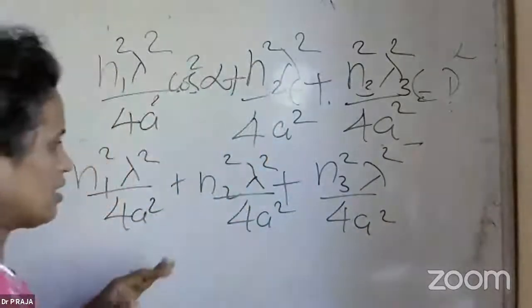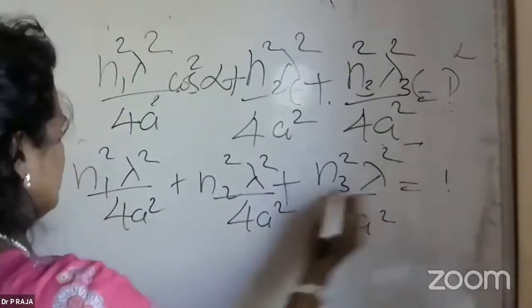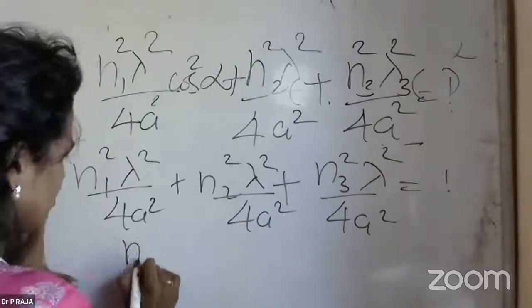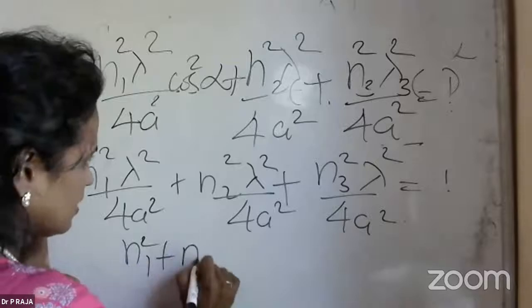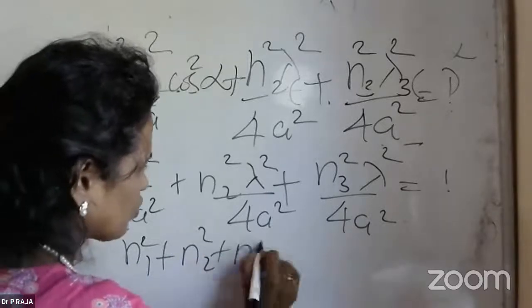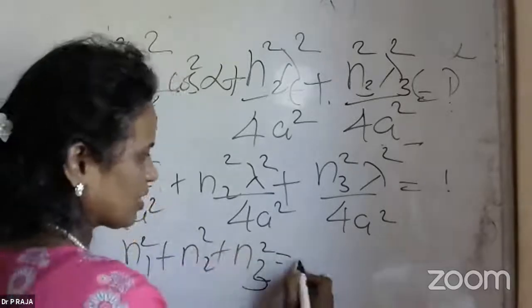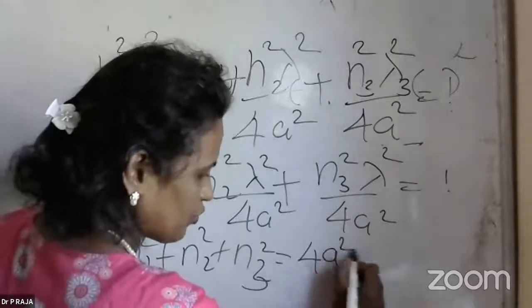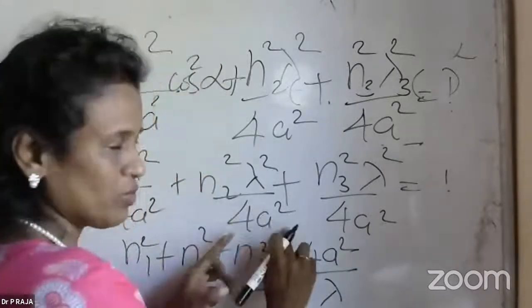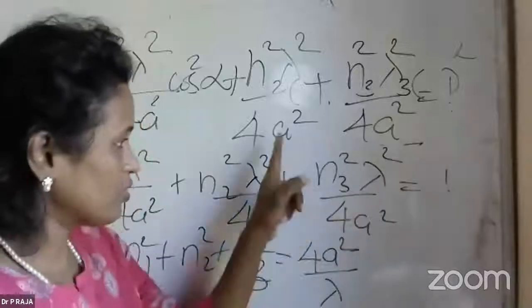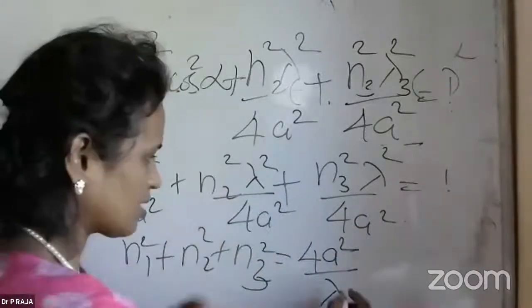Now take n1, n2, n3 outside. So n1 square plus n2 square plus n3 square is equal to, take the other terms on the other side, 4a square by lambda square, which is common. 4a goes to the numerator on this side, lambda comes to the other side.